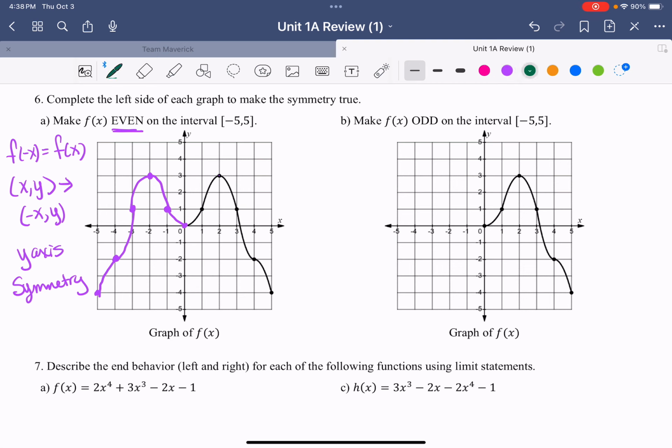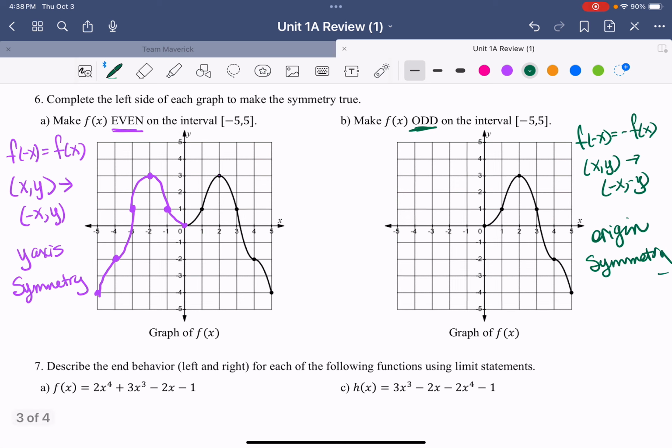All right, so then if the function is odd, f of negative x equals negative f of x, which means if I have an ordered pair (x, y), I have another ordered pair (negative x, negative y). I change the sign on both, and this has origin symmetry. So 0, 0 is 0, 0.